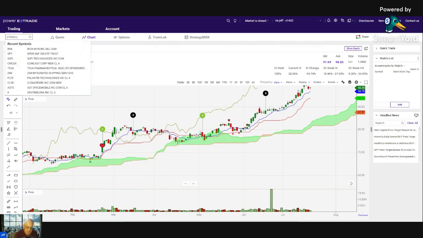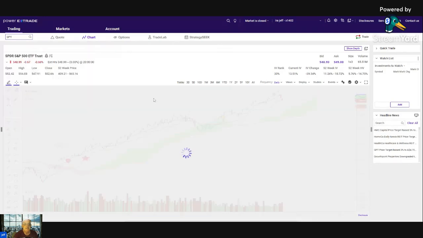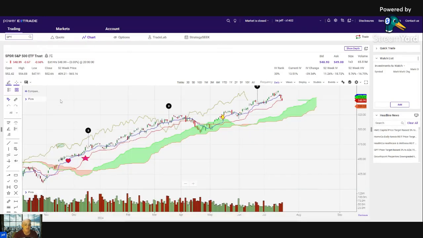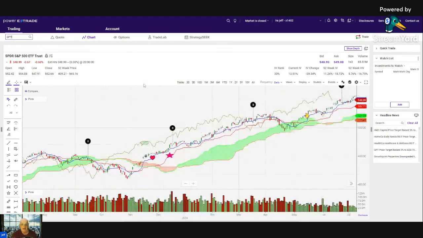First, I want to explain the lines you need to know about for entries using the cloud system. I'm bringing up the SPY for this one, and I already marked it. There are a few lines you'll need to know about. First, here is the star. The red line is the baseline.